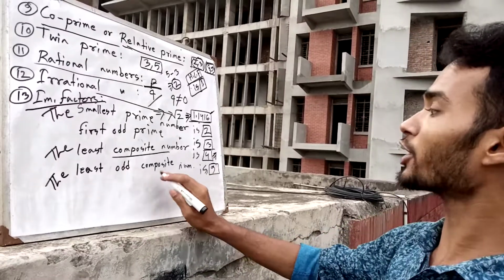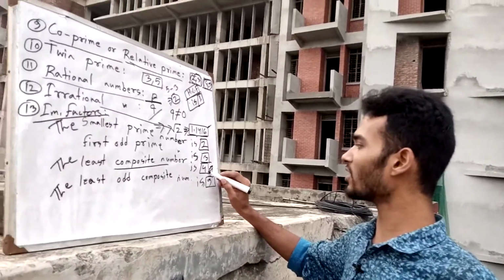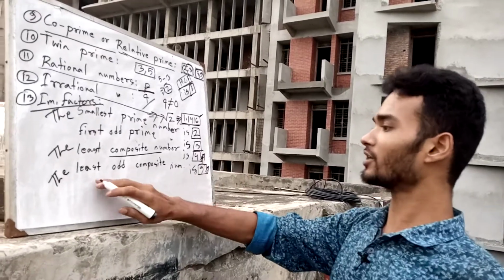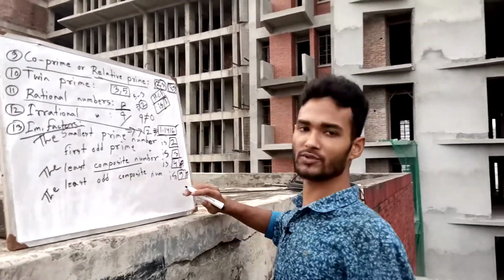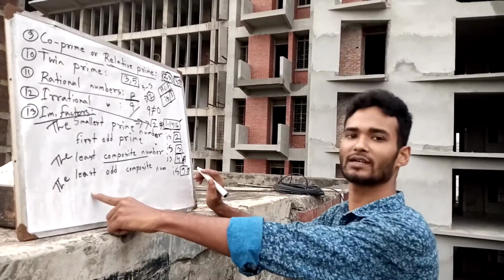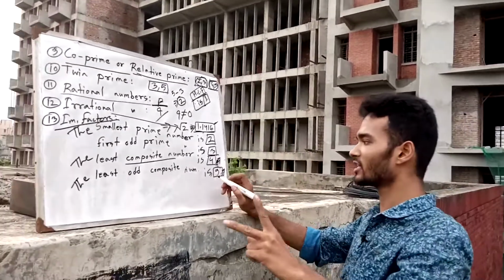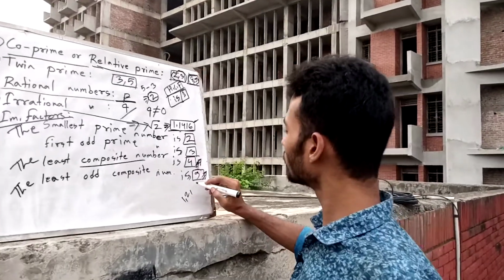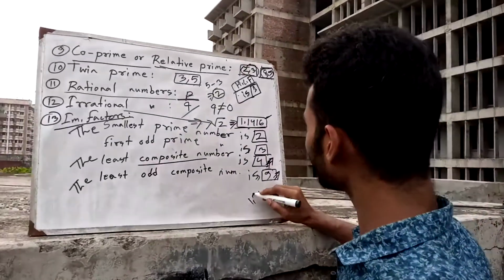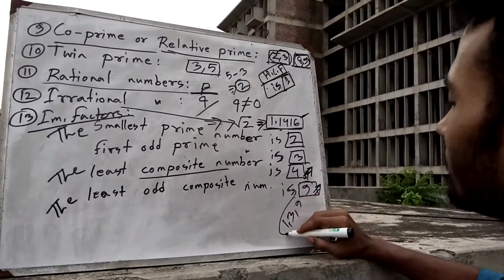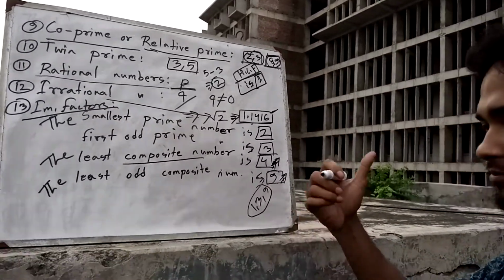Here 4 is our least even composite, and 9 is our least odd composite, which has more than 2 factors: 1, 3, and 9 itself. More than 2, okay.